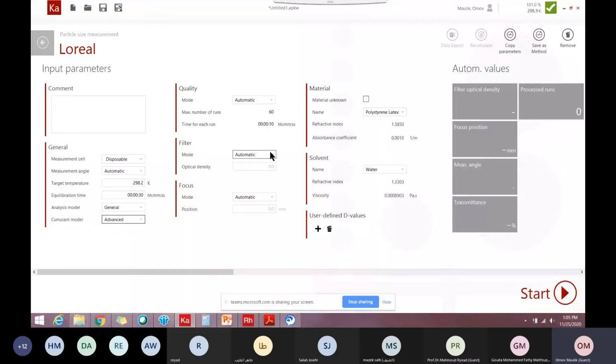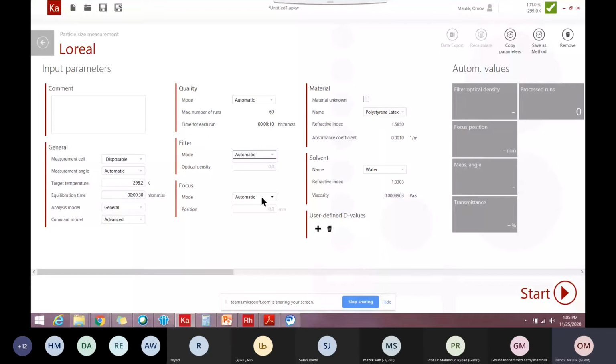But in case you don't know that, you can just say automatic, let the instrument decide the optical density. Also, you can select the different focusing points in the cuvette. In this case, we will select it automatic in order to make sure that the instrument accurately decides what focusing point it would want.